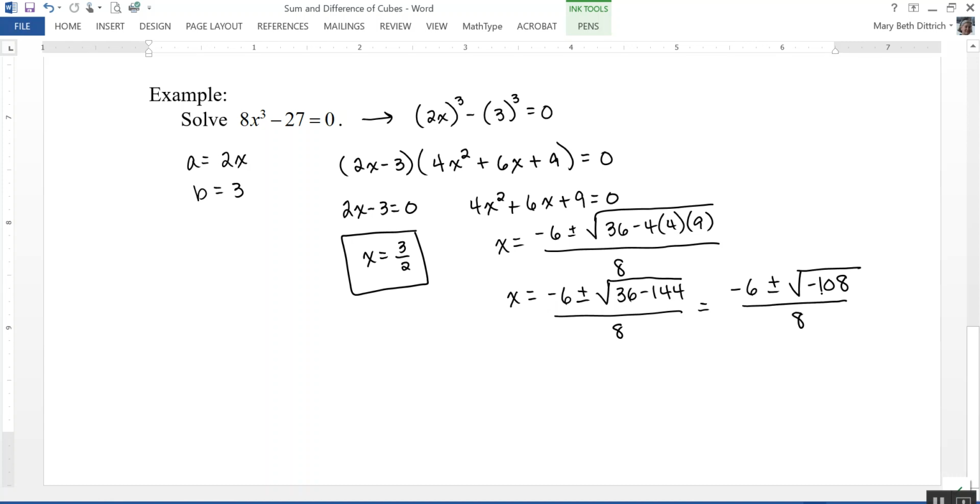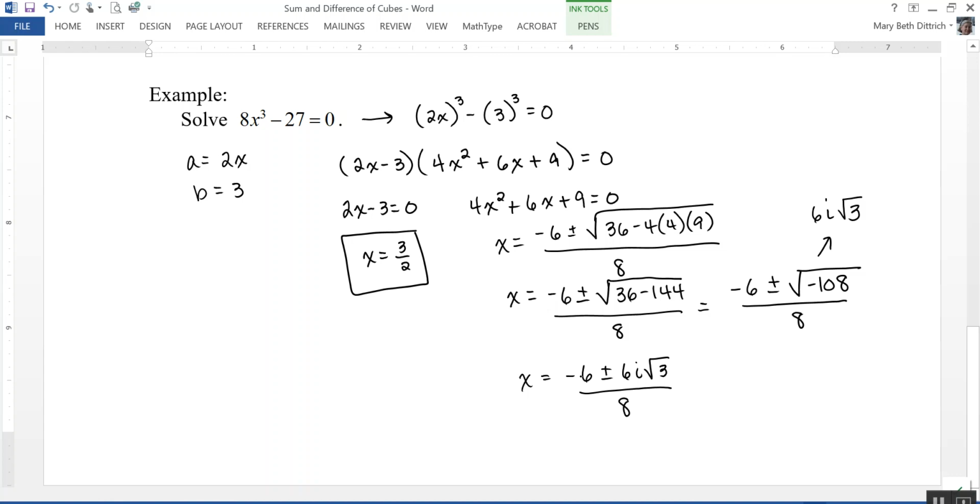So simplifying that, the square root of negative 108 is going to have an i, and then the square root of 108 is 6 times the square root of 3. So x is equal to negative 6 plus or minus 6i square root of 3 over 8.